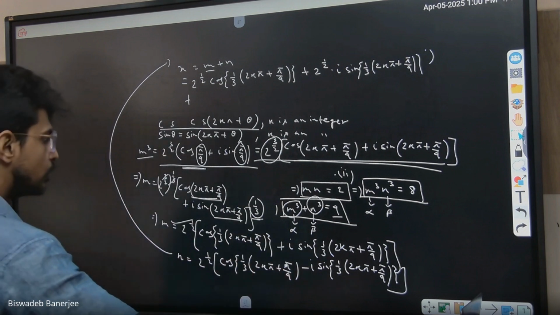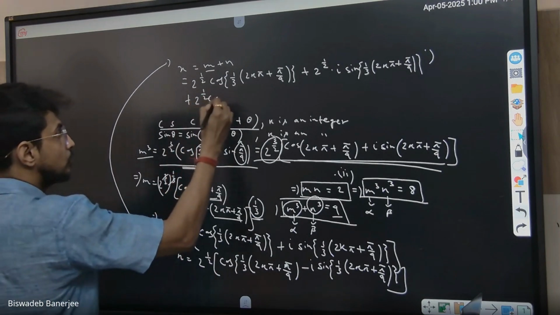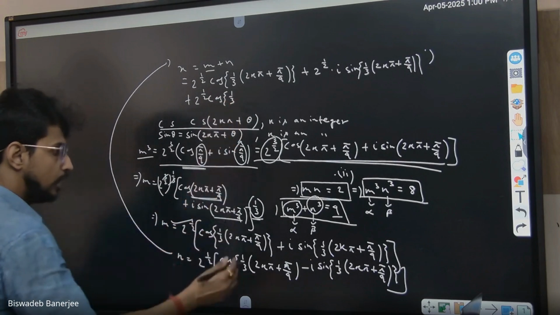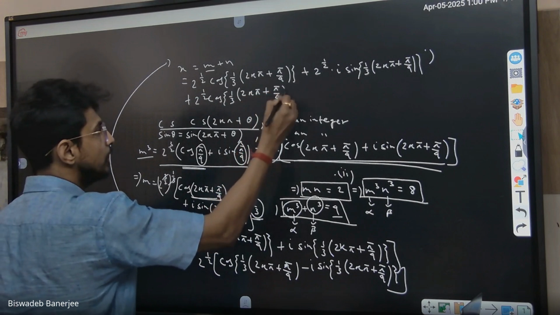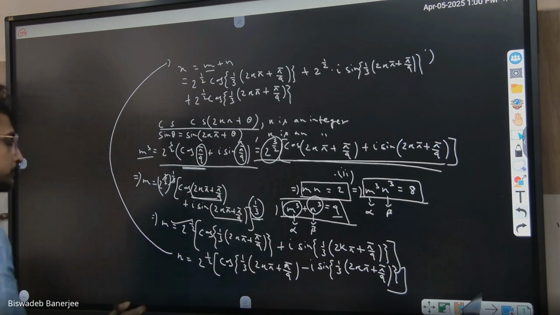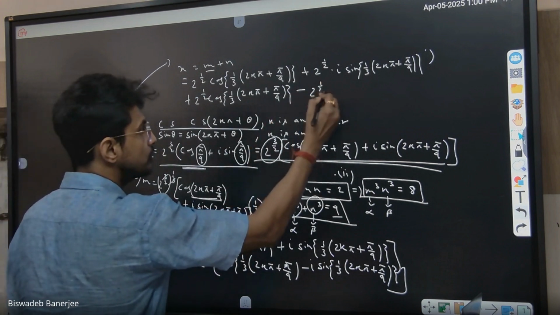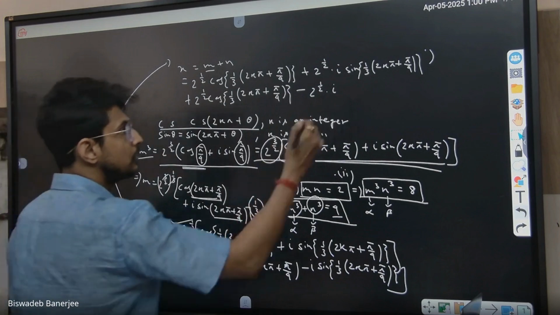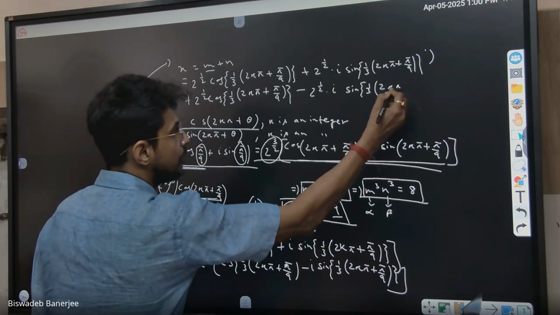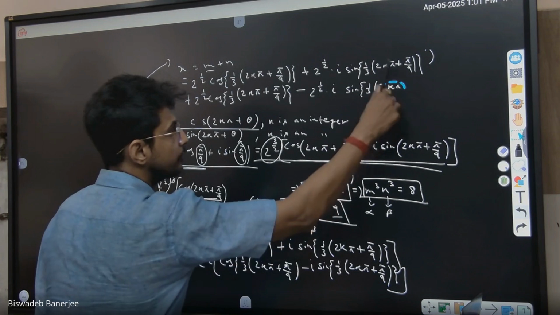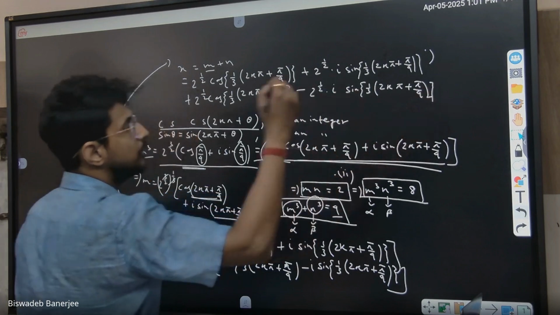This is my n. Put the value of n. My n is 2 to the power half cos 1/3 into 2k pi plus pi by 4, then minus 2 to the power half into i into sine 1/3 into 2k pi plus pi by 4.